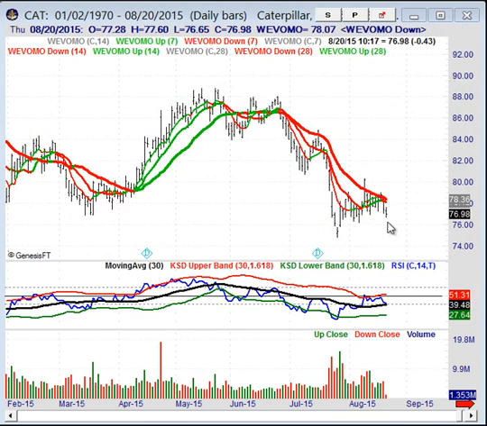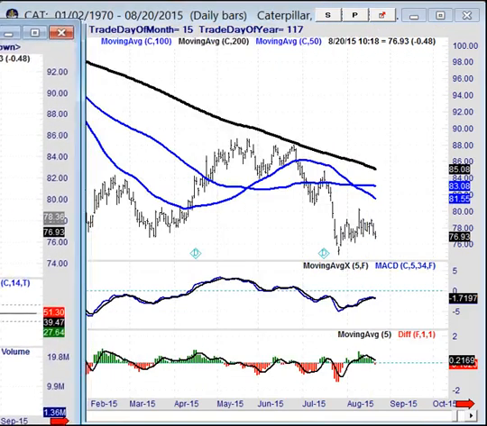But now what you're seeing in today's price action is all the moving averages moving back in agreement, implying that the short-term, intermediate-term, and long-term trend are down. This is exactly the kind of signature I would want to see, supportive of the idea that the recent price action we've seen in Caterpillar is indeed that of a counter-trend price move.